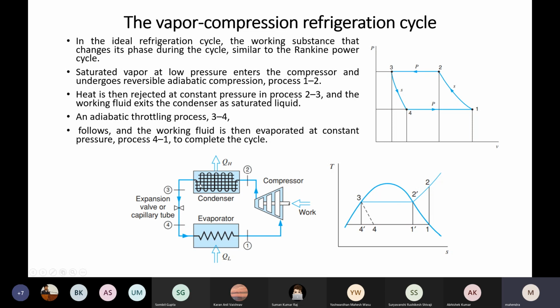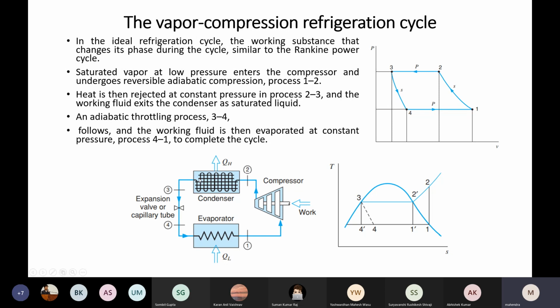In the condenser, a certain amount of heat is rejected. The name itself says condenser. Again, phase change happens here. The gas at high temperature and high pressure comes out as saturated liquid.